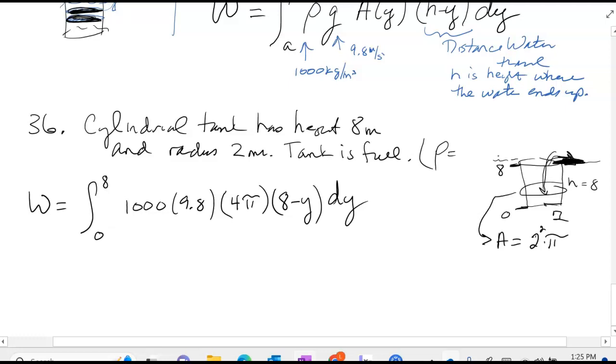Because in case you forget that stuff, I don't want you to get the problem wrong because you forgot that on the test. So I would likely give you that. Right, so it's 1,000 times 9.8 times 4. What's nice about these problems, once you get them set up, the integration part is really kind of easy.